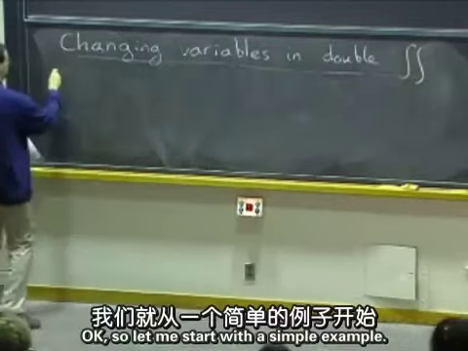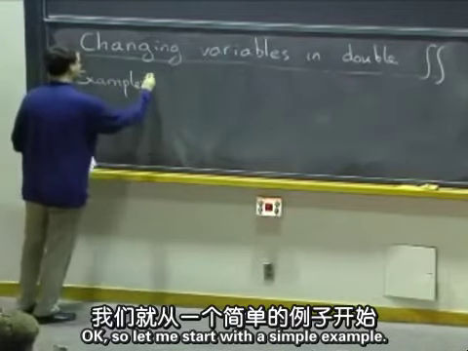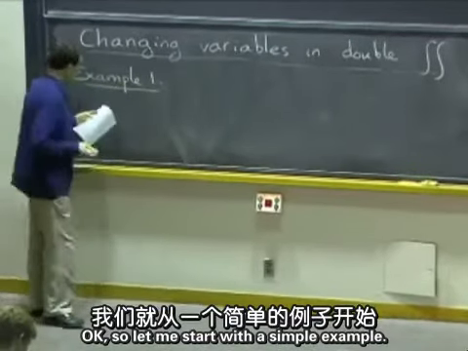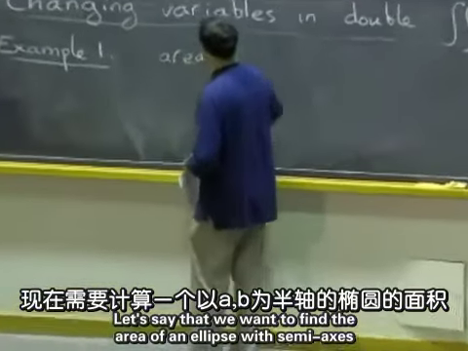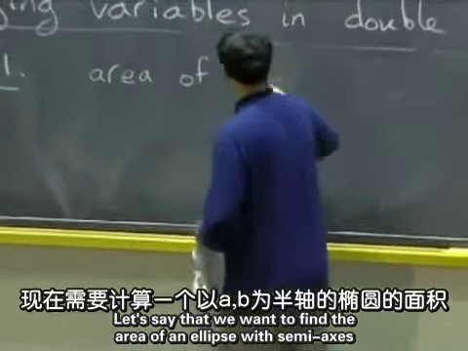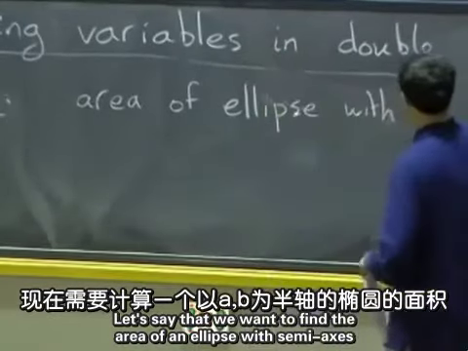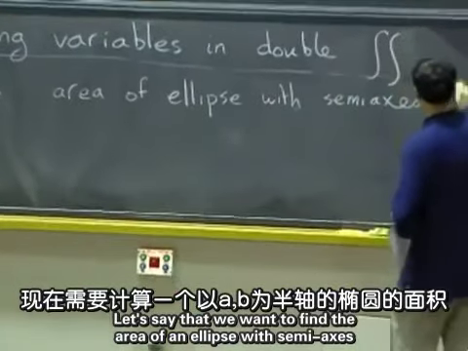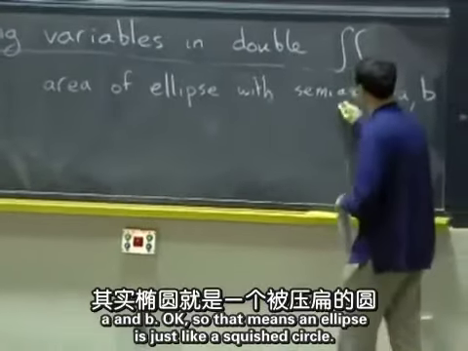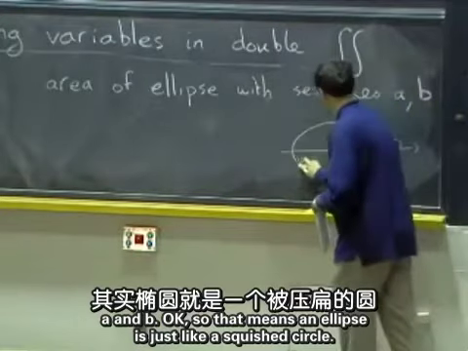Okay, so let me start with a simple example. Let's say that we want to find the area of an ellipse with semi-axes A and B. An ellipse is just like a squished circle.